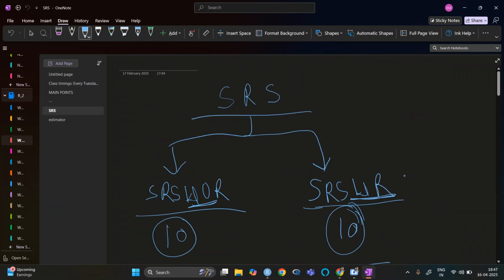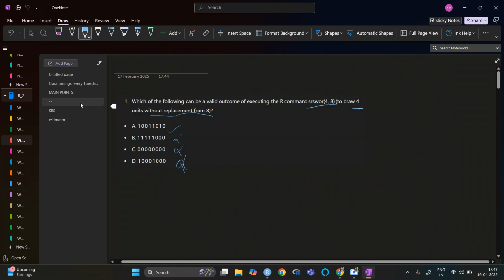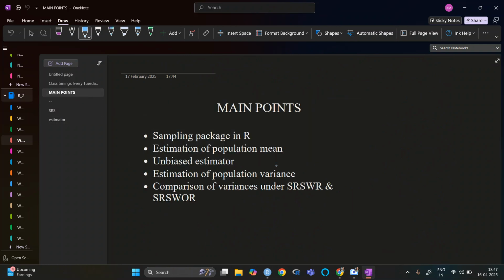Now when you take the same samples, basically you first find the mean, and second the variance. If your mean is the same for two samples, it does not mean that it is good, because the variance can be very high.